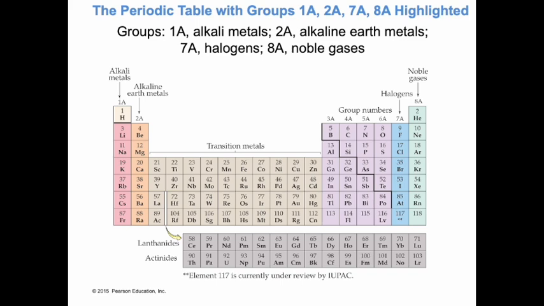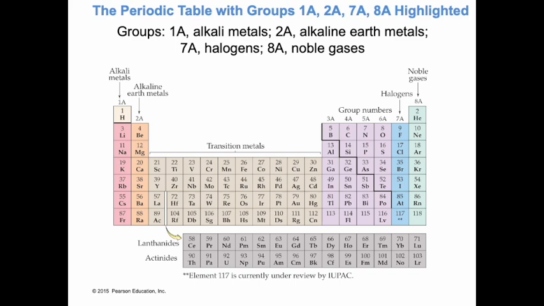The next group is called the alkaline earth metals. Those are beryllium, magnesium, calcium, strontium, barium, and radium. Then we skip all those transition metals. Some of those families do have names, but that's beyond the scope of this class. Even 3A, 4A, 5A, and 6A also have names, but we're not going to go over them.